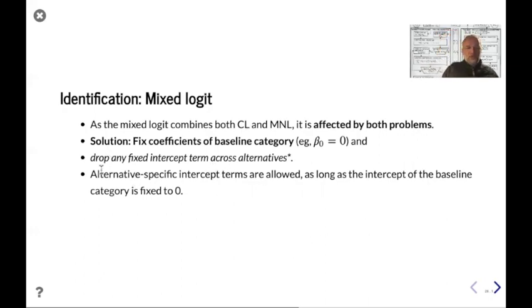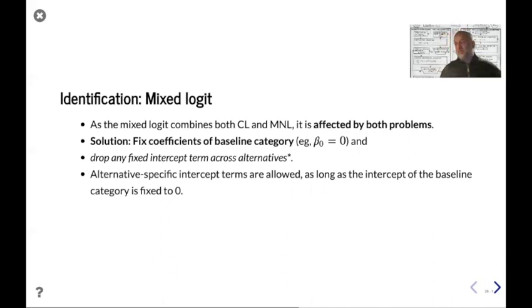So here the solution is really just to drop, in the combined logit or mixed logit, all fixed intercepts across all alternatives. Make sure also to make the scale normalization, which is already in place in the logit model, where there's no variance parameter, but otherwise if there is one, you need to normalize at least one variance or at least one parameter to be fixed.